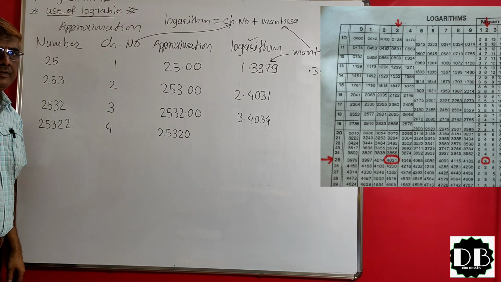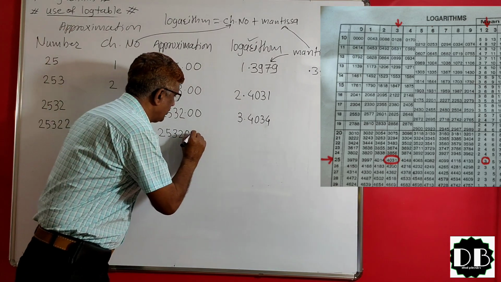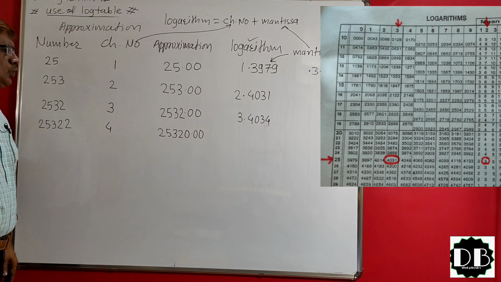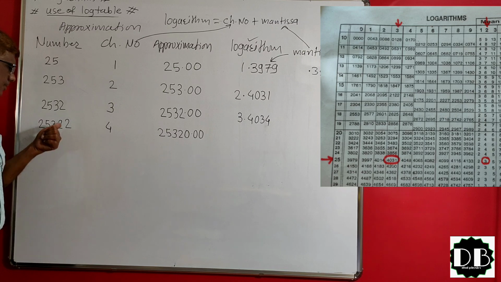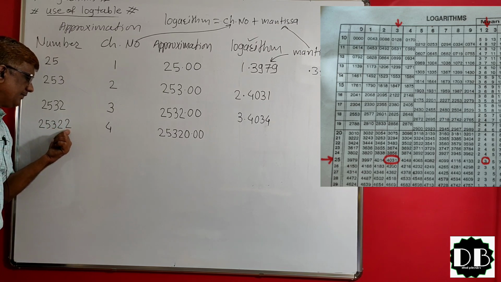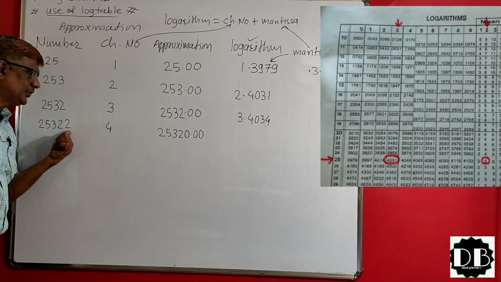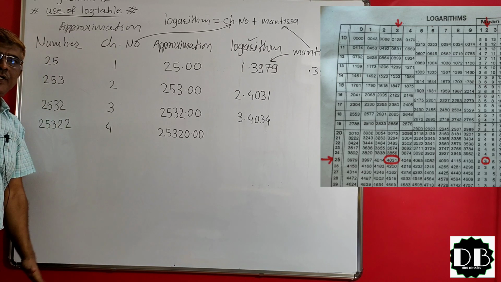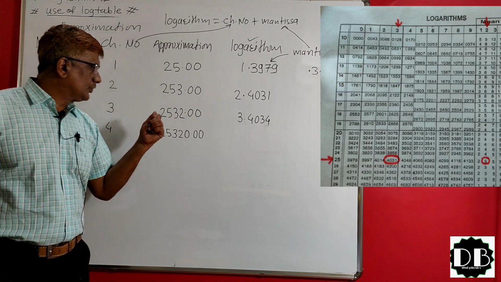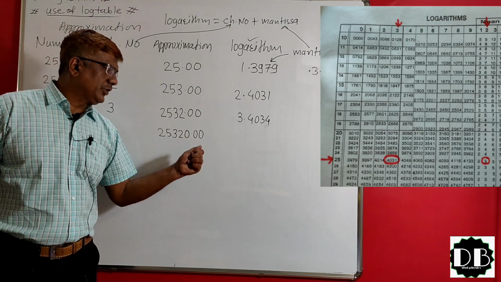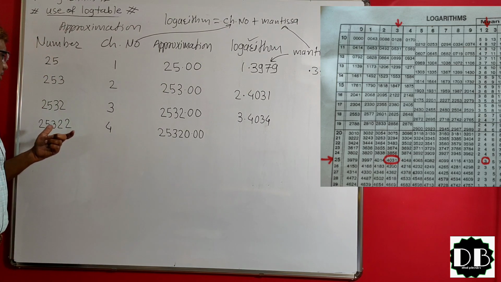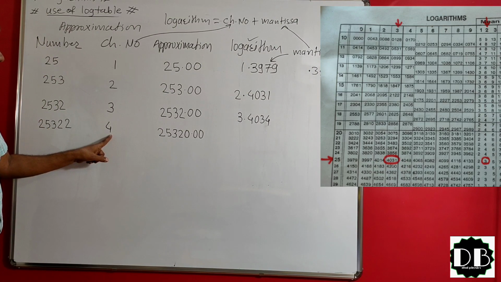This is our number. Or you can write it as 0.00, doesn't matter. If the fifth digit is less than 5, instead of that you can write 0. So 25320.00 is its approximation, and its character number is 4 and its mantissa is as usual.